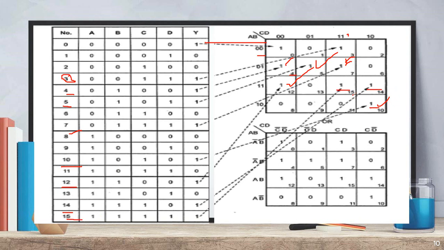From this truth table to KMAP is possible. Once again remember, KMAP can be formed using 3 methods. Either from the truth table you can do the KMAP, or from a canonical equation into the KMAP, or from some notation into the KMAP. Whichever is given as a problem, from that you can form the KMAP. This is all about how to represent the KMAP we have studied.